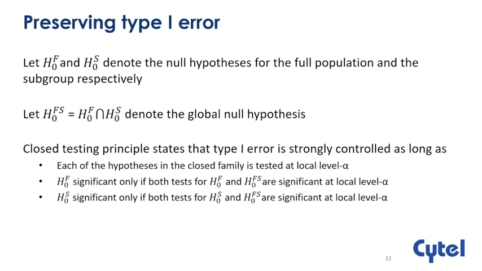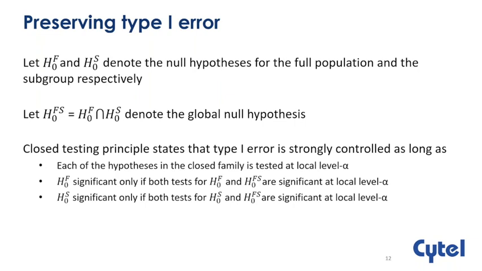testing, in which we have individual null hypotheses for the full and for the subpopulation respectively, and we also denote by H0 of FS the global null hypothesis. The closed testing principle states that if we're interested in declaring the full population as significant, then we need to reject the hypothesis both on the full population as well as any intersections in which this population appears, which in this case is just H0 of FS.